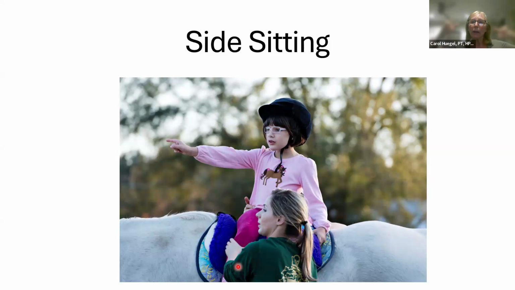So between this and this, the patient feels nice and secure on the horse. Also, as she's getting that weight shift towards her left, with your hands there, you can help to facilitate the external rotation of the hip that's closest to the tail end of the horse.